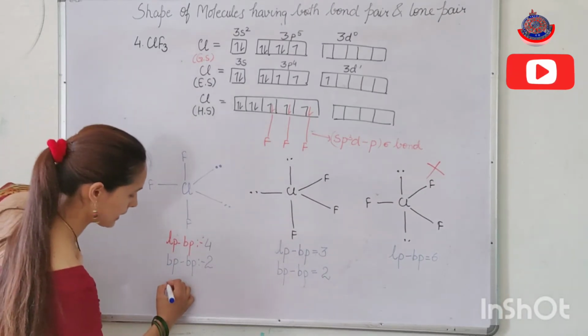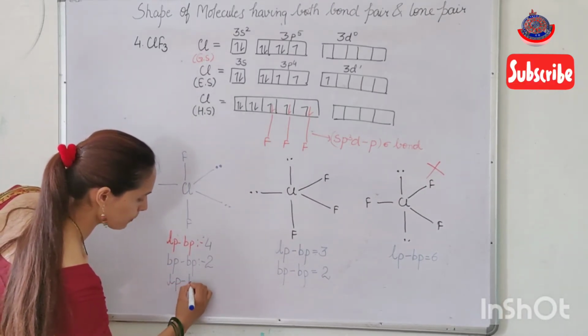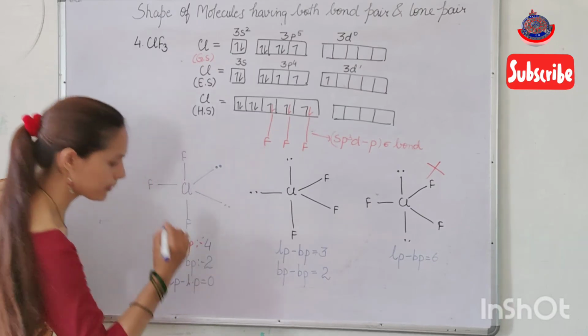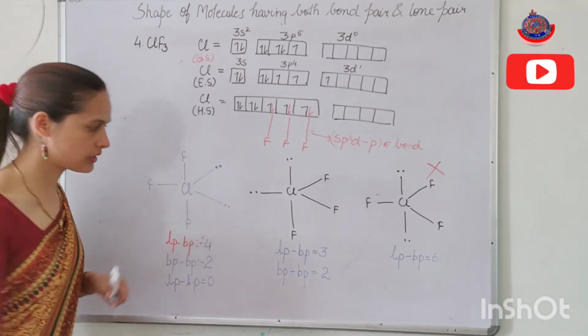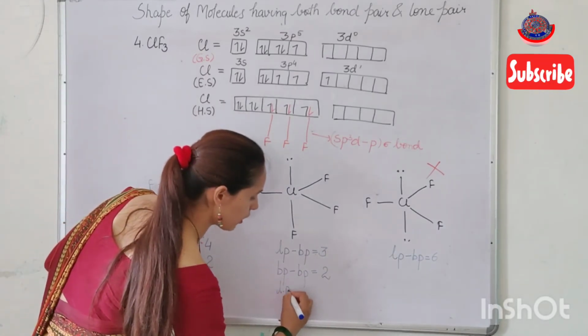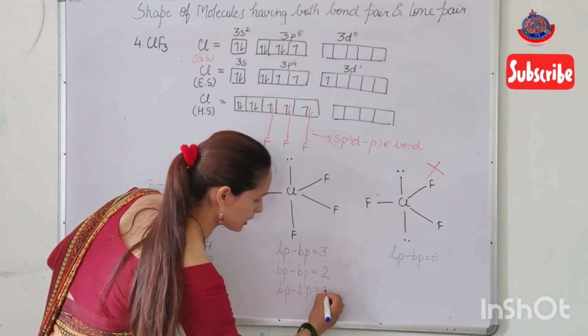Now if I count the lone pair repulsion here, the lone pair repulsion is 0. And here I got 1 lone pair repulsion.